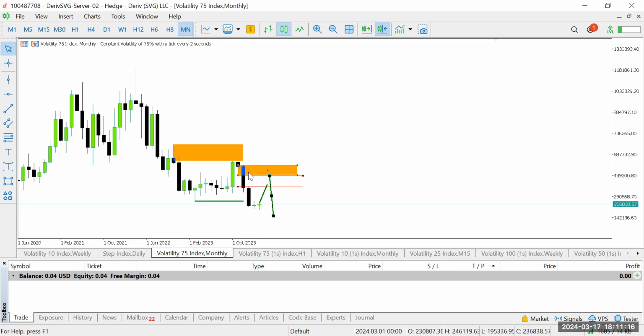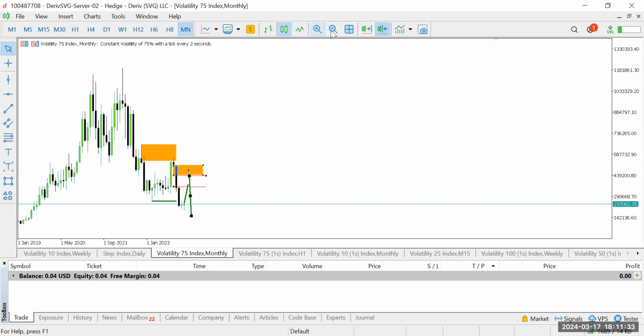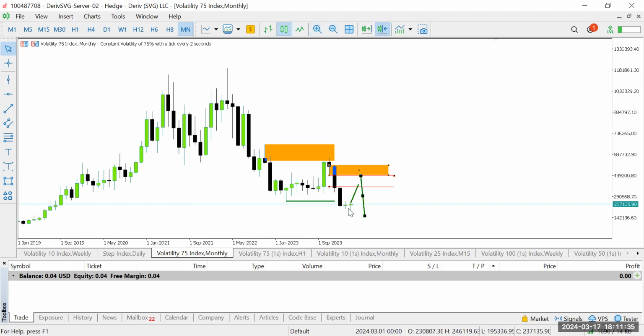Now, actually, if you know candlestick patterns, you know that this is 1, 2, 3. These candles are giving us what we call the evening star formation, which is a 3 candlestick pattern: a bearish candle, a doji, and then a bullish candle.